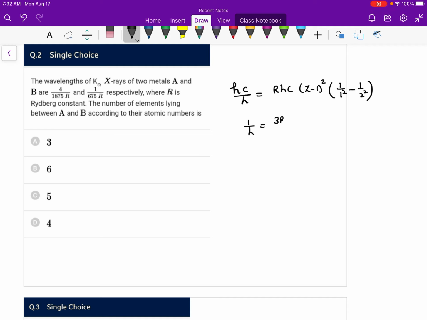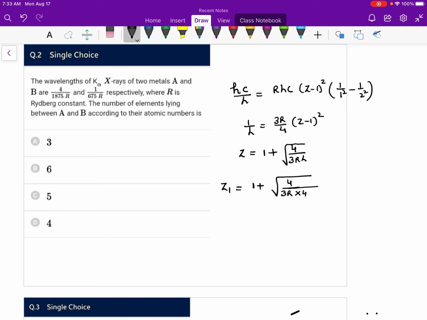So that is 1 by lambda is 3R by 4 (Z minus 1) square. So Z is 1 plus under root 4 by 3R lambda. This is Z. So Z1 is 1 plus under root 4 by 3R, and lambda is 4 upon 1875R.